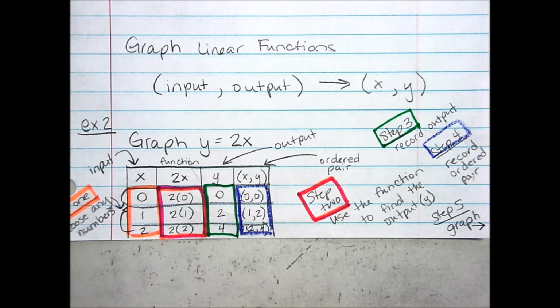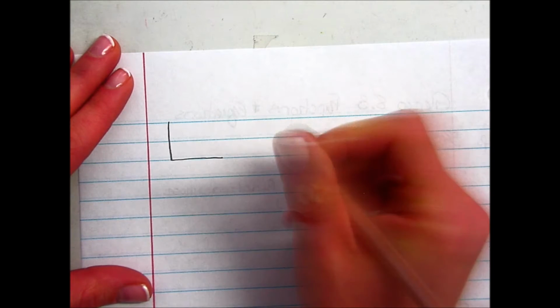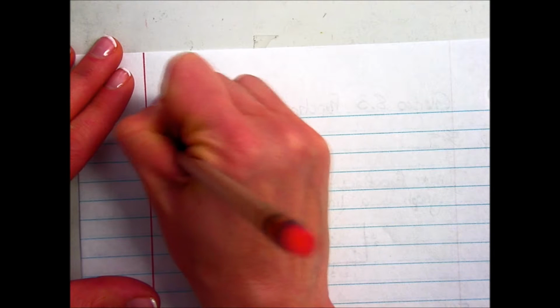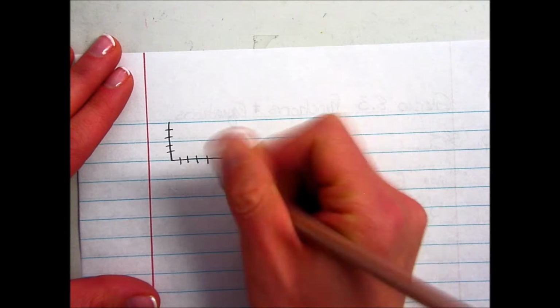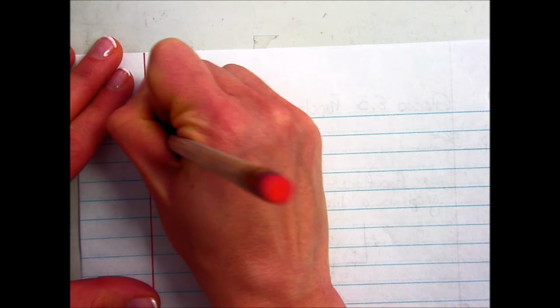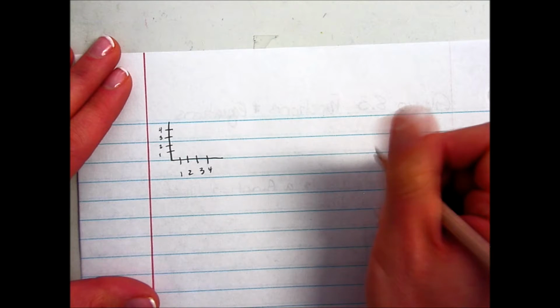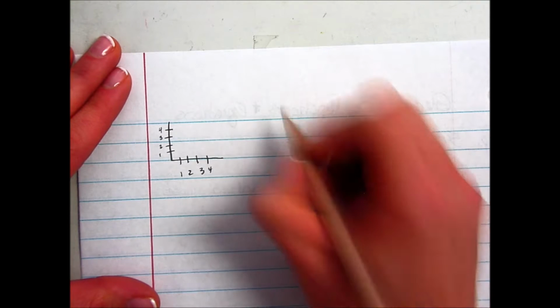If you're not caught up, if you look in your book on page 597, you'll see this exact table already made. So then we're going to graph. Write my ordered pairs again.